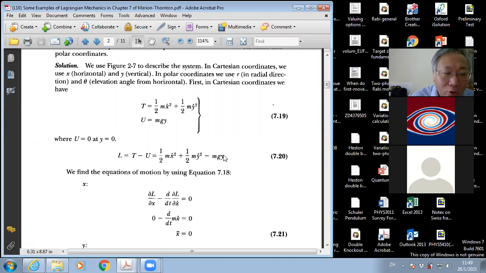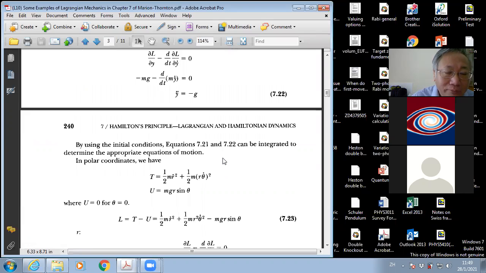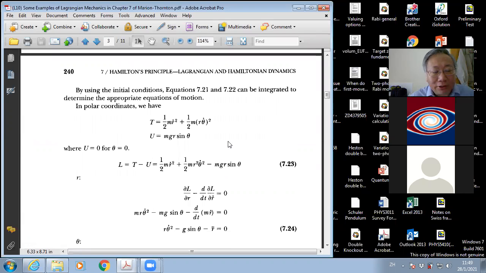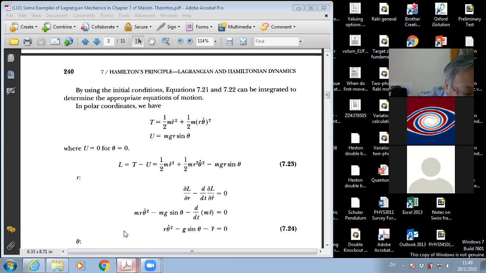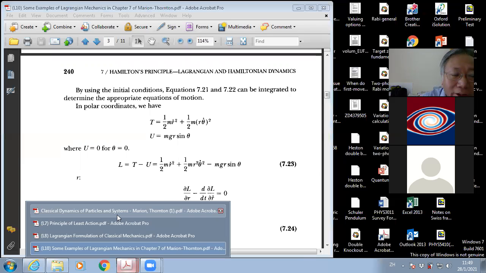Now we can also use polar coordinates to tackle the same problem. This time, the kinetic energy is given by these two terms. Now we go back to the figure.